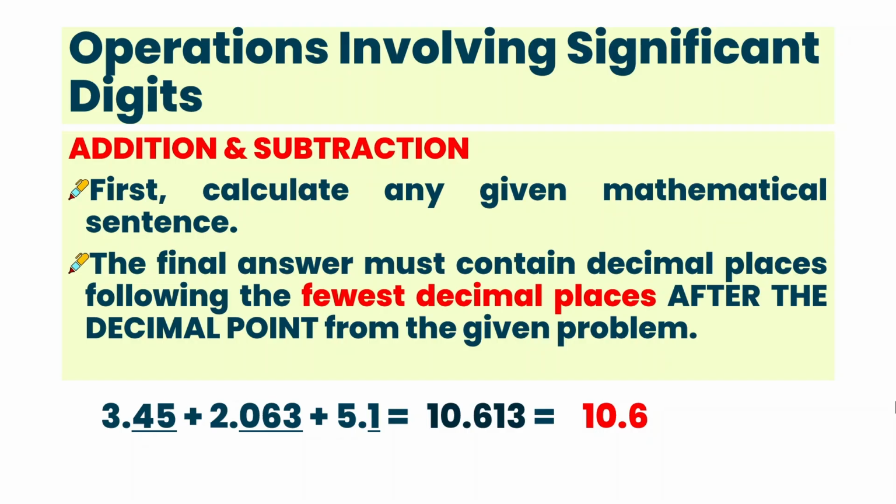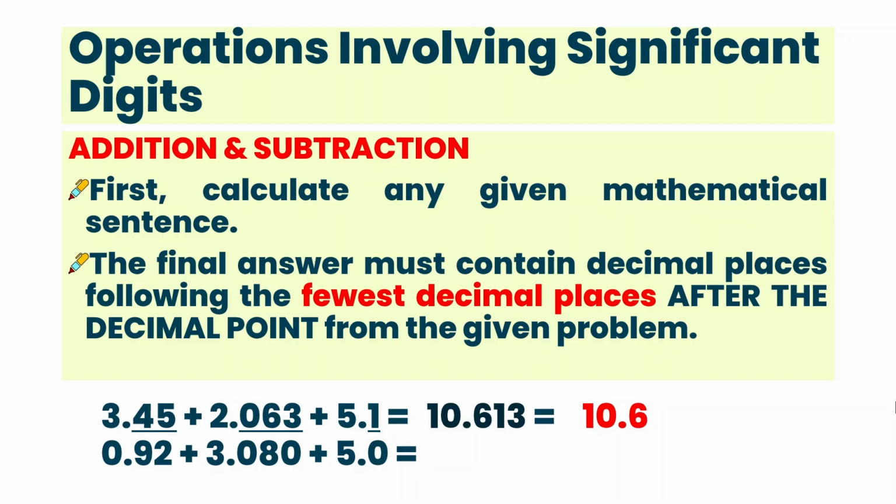In this case, the number to be dropped is 1. That's the number after 6. Since 1 is below 5, meaning 4 and below, the number 6 must be retained. However, if that value is 5, 6, 7, 8, 9, you must add 1 to the number before it, which is 6. So that becomes 10.7 if that's the case.